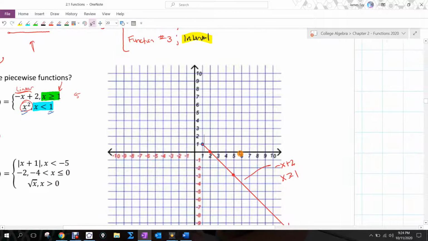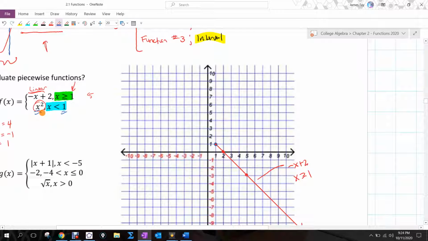Now I think about what my graph looks like for x squared less than that. Well, 0, 0 is a point. -1, 1 is a point. -2, 4 is a point. We know these from our parent function. And then we'll just connect that with a smooth curve. Because it's less than, it doesn't have an endpoint, so it's telling us that we're going on to negative infinity.